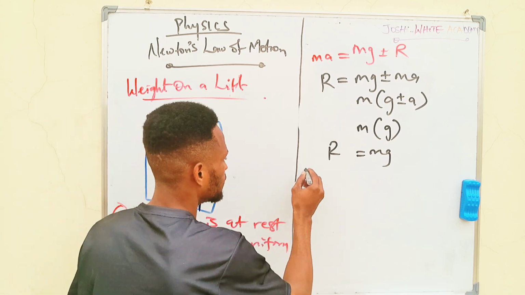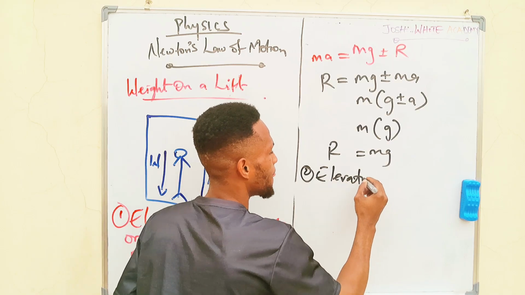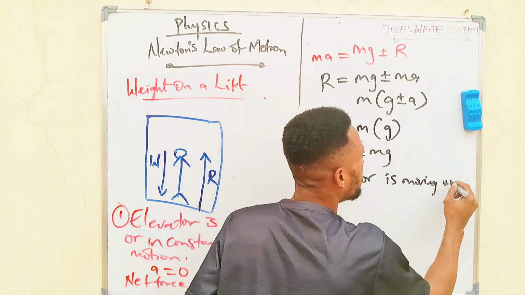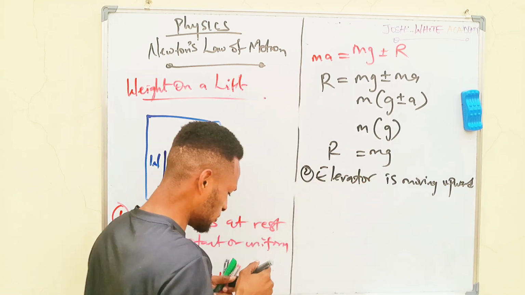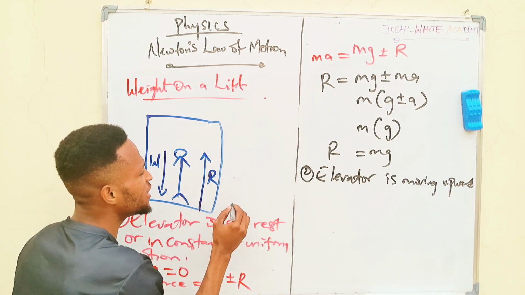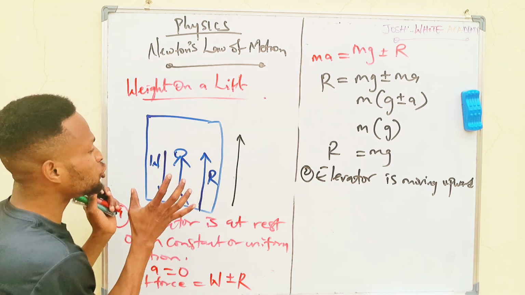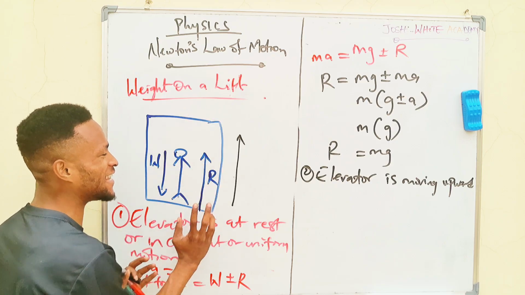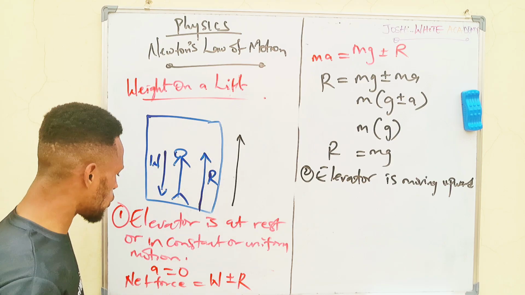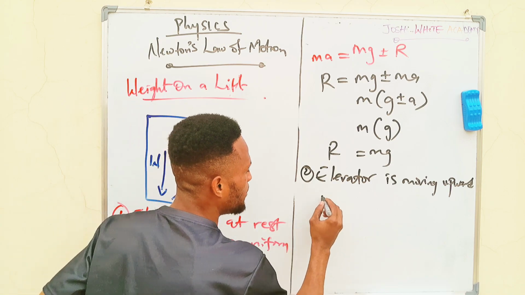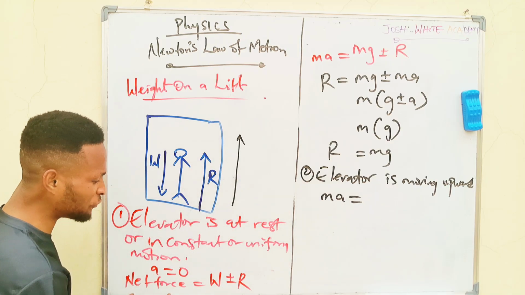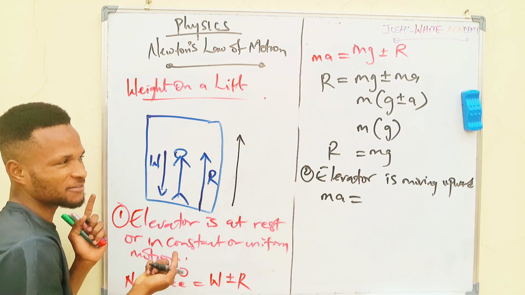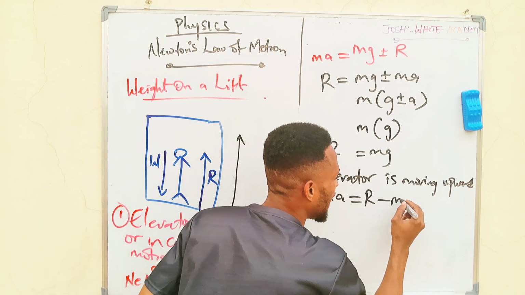Now, secondly, if the elevator is moving upward, so now take note, if this elevator is moving upward, the dominant force between these two forces is the reaction, because it is going in line with the reaction. So our net force, which is ma. So our R is bigger than our weight. So R minus mg equals ma.